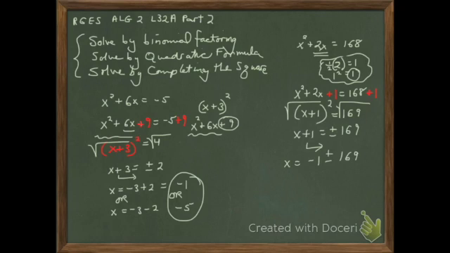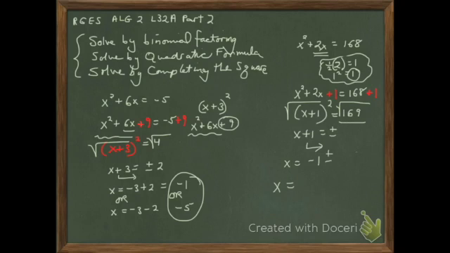Writing it a little bit different here, okay? I'm thinking in my mind, negative 1 plus 169 is 168. Negative 1 minus 169. You know what, I forgot this. I did a crucial mistake here, I'm sorry. I hope you saw what I did wrong. It's always good if you can catch the teacher.